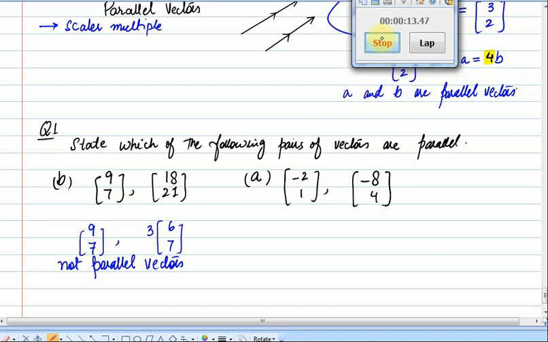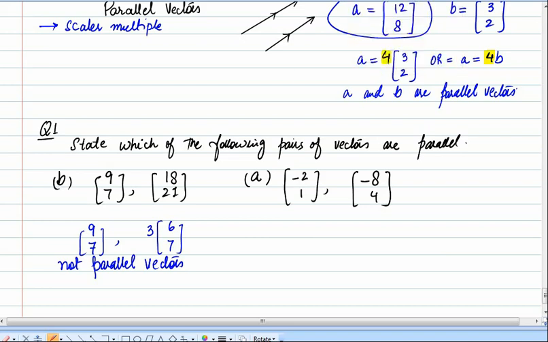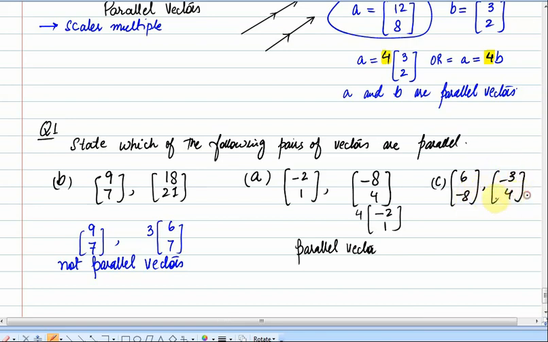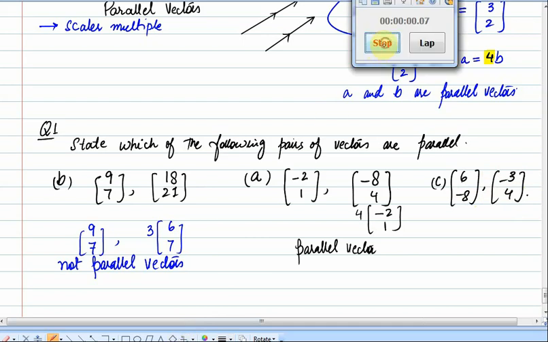Alright. So they are parallel. How? When you take 4 common, inside it will be minus 2 and 1, that is exactly equal to the other vector. So they are parallel vectors. Part C. 6, minus 8, comma, minus 3, 4. You have 15 seconds to start.